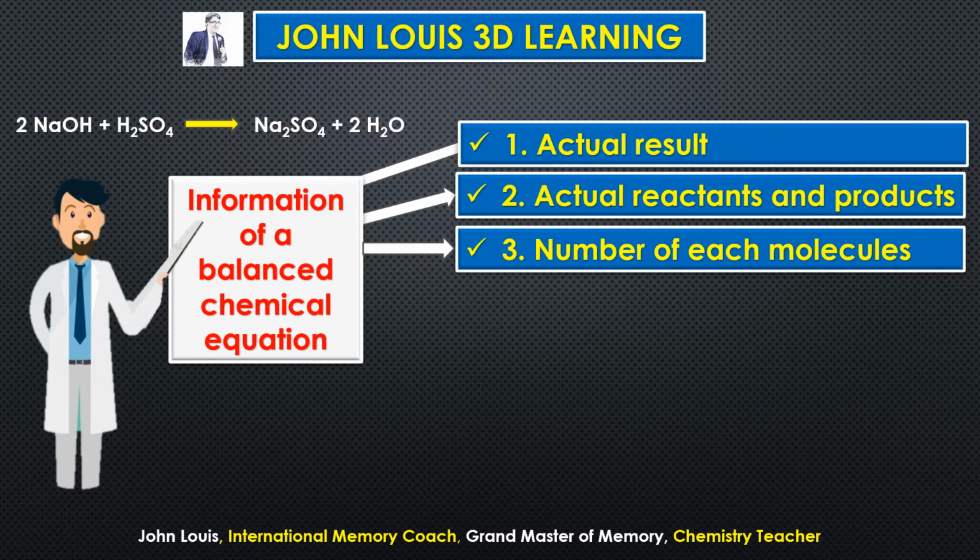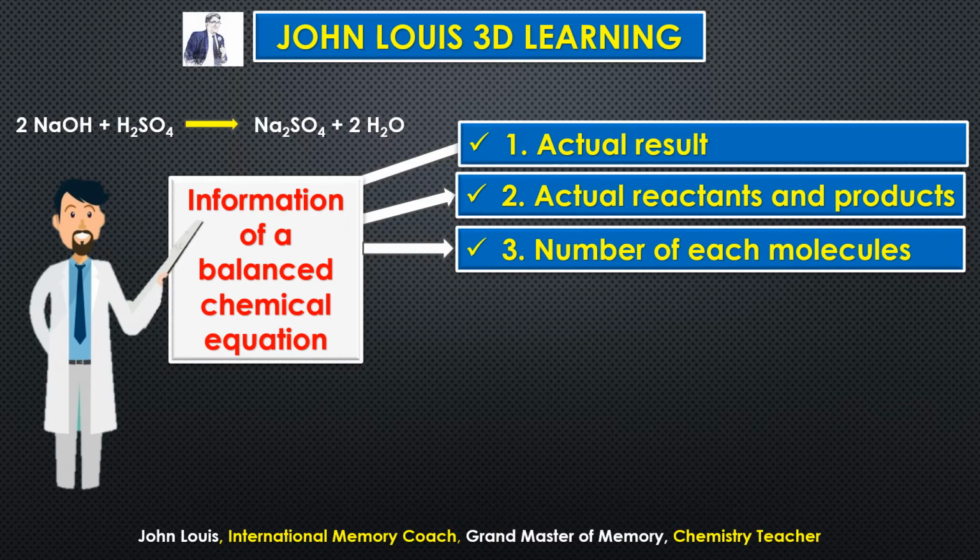Number of each molecule. See how many molecules of sodium hydroxide have taken part in this reaction. After balancing the equation, we get the number. In the previous videos we have learned how to balance a chemical equation by the trial and error method. So you got 2 sodium hydroxide.